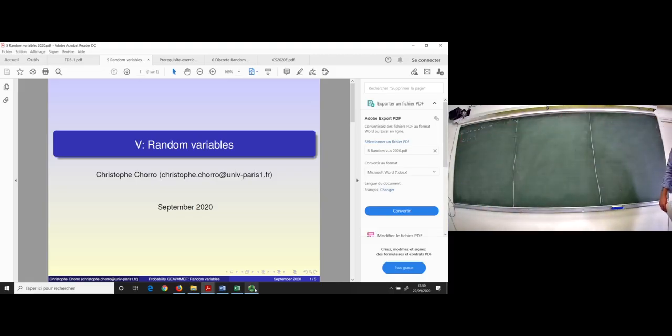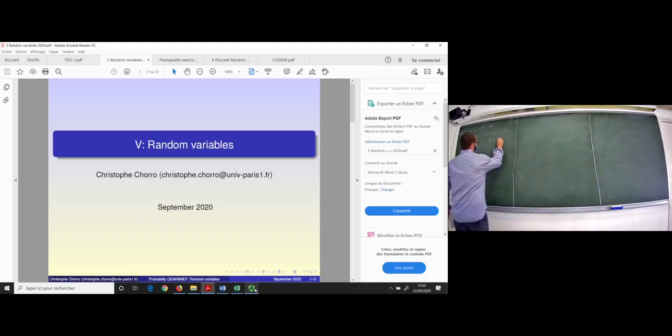I will give a name to the probability to obtain head. I call it small p, and I suppose it to be strictly less than 1 and strictly positive. And what will be the probability of tail here? 1 minus p, because it's the complementary.